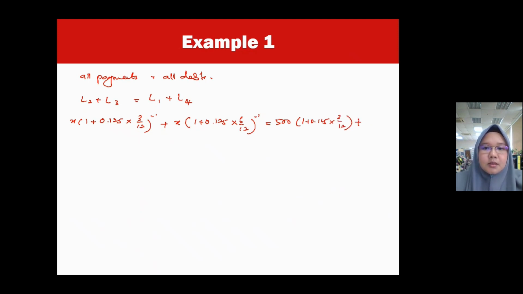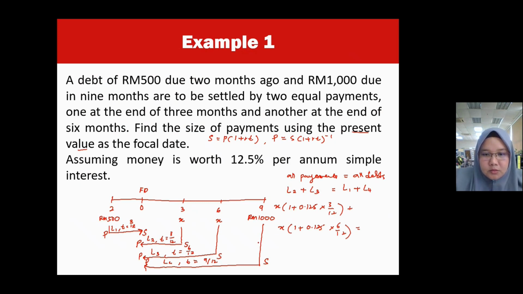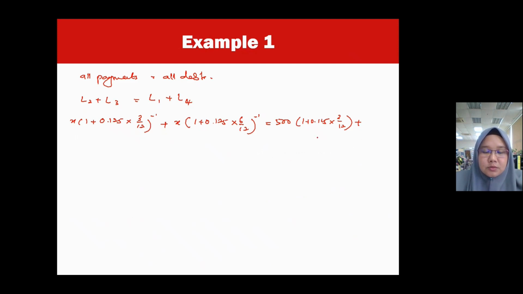Then plus line 4. For line 4, you want to find the value of P, where S equals 1000 and T equals 9 over 12. Okay, so we substitute: 1000(1 + 0.125 multiplied by 9 over 12).